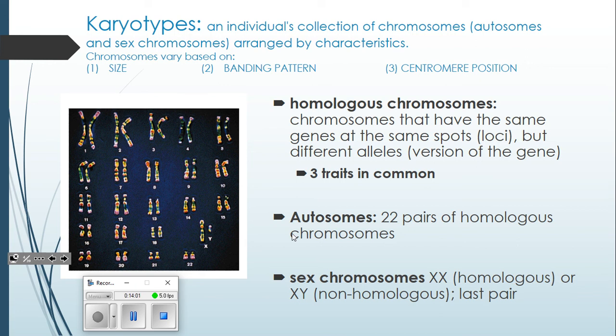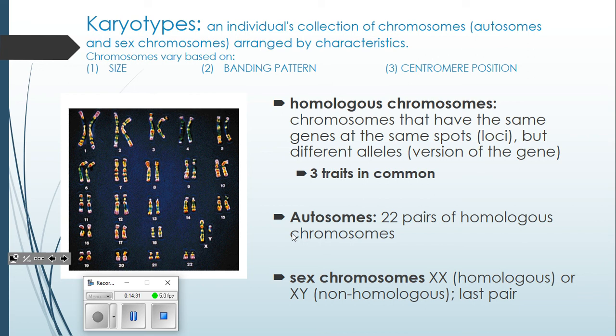The very last pair, over here on the right, those are the sex chromosomes. Depending on biologically which sex a person is, you will have either 2 X chromosomes, which are called a homologous pair because they're the same chromosome, or, like in this picture I'm showing you, 1 X and 1 Y chromosome. Notice the X chromosome is very long and the Y chromosome is very short.